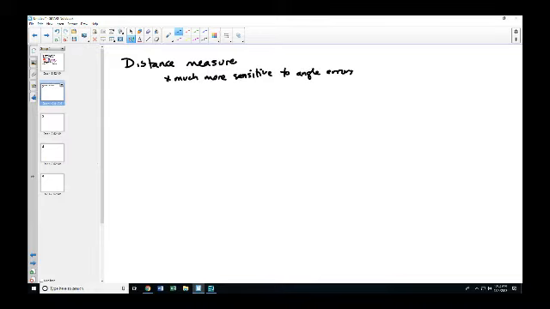You have to be a lot more accurate with your angle because of the precision required. Oh, never mind. I'll just leave it. I think it'll become apparent here.